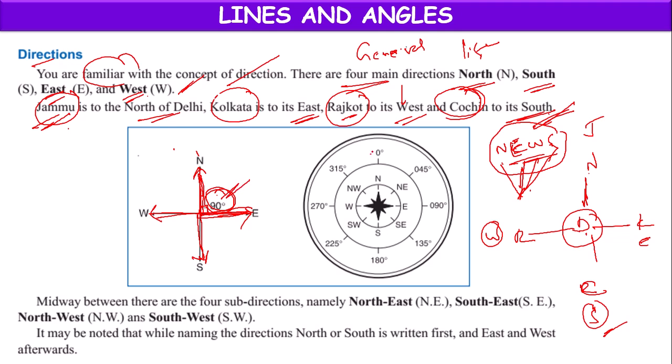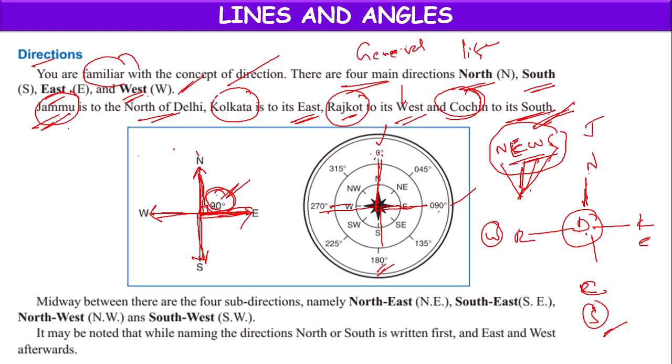Suppose if we take north as 0 degrees, then east will be 90 degrees. Then south will be 90 plus 90, 180 degrees from north. And west will be 180 plus 90, 270 degrees. And north will be 270 plus 90, 360, which is equal to 0 degrees.